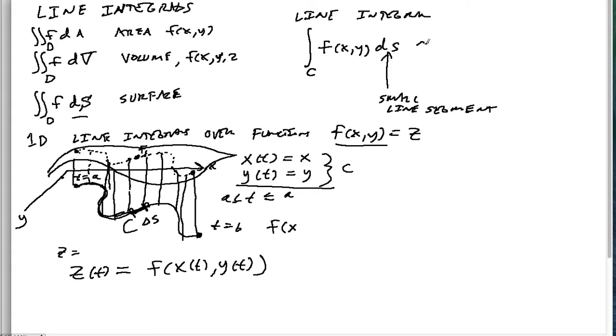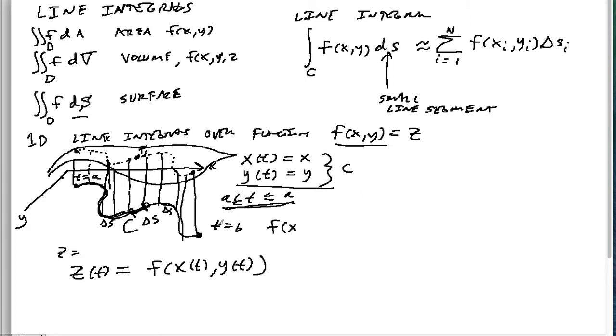And then essentially what we're going to do is partition the t space here into a bunch of segments, and that's going to be approximately the sum from i equals 1 to n of f of x of i, y of i, times delta s, and I'll put that i as well. So these delta s's all could be different depending on their lengths and how fast one travels through this curve as a function of t.